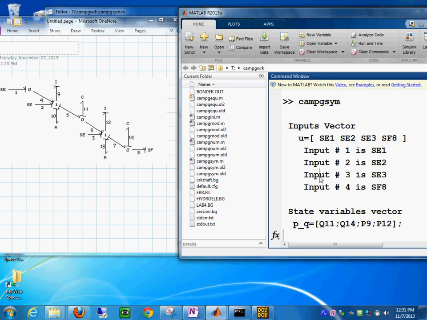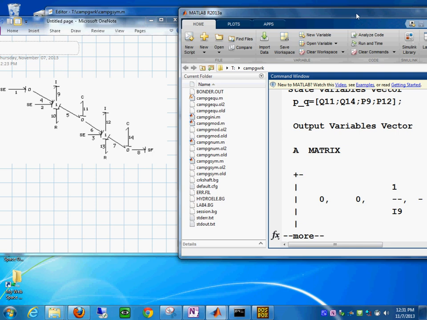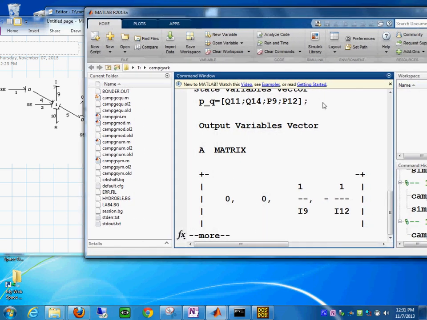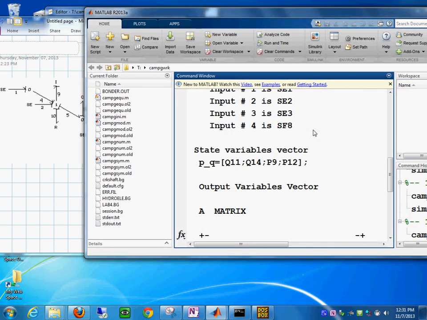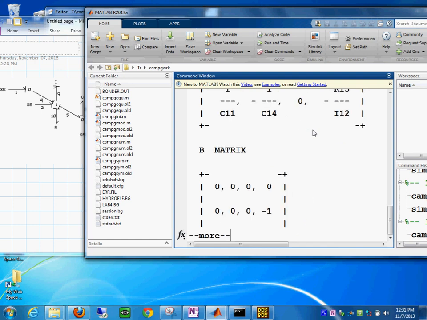But if we go on, the computer produced the A matrix, as you can see in there, in symbolic form, and it produced the B matrix in symbolic form. At this point, the computer doesn't know what outputs you want. This file produced from CAMPG to MATLAB needs to be changed to specify the outputs.